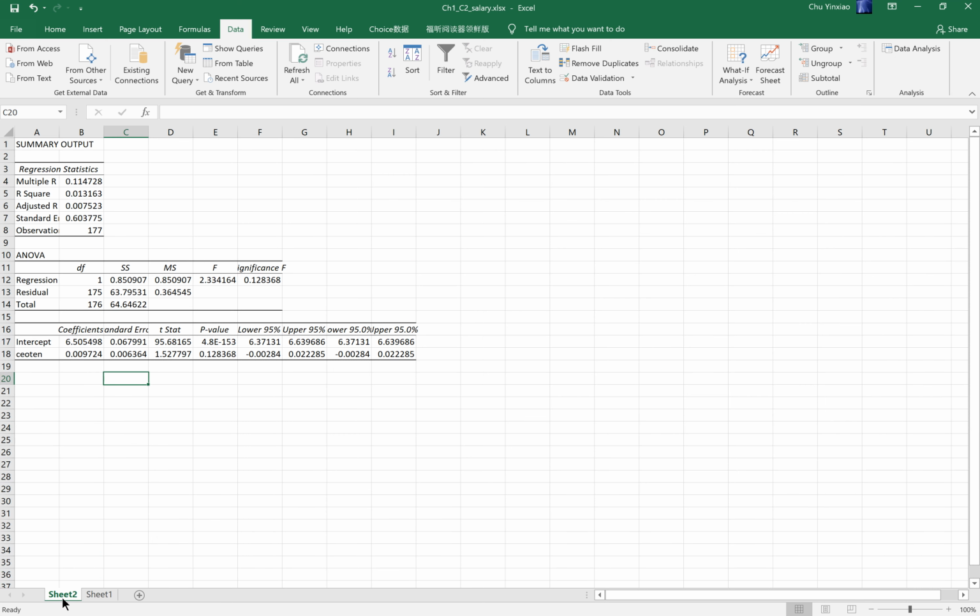The same. The benefit of this method is that we can get more statistics, for example, the t-statistics. The t-statistic here for CEO tenure is 1.5. It's not really significant, and the p-value is about 12.8%. But for just homework 1, we don't discuss these statistics.